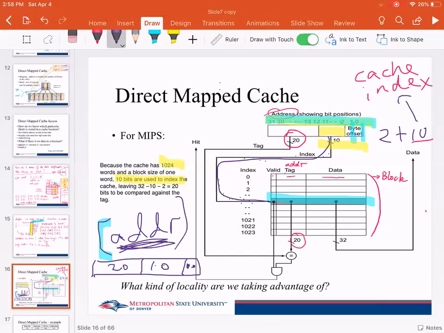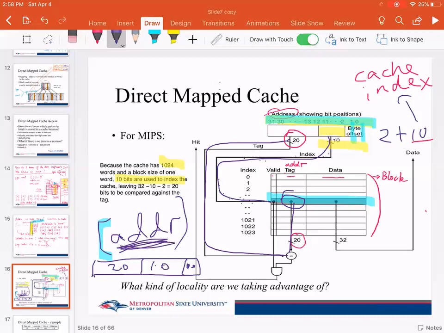I check by looking at the address. What is stored as the address? It is the tag. I take the tag, which is the 20 bits, and compare it with the higher 20 bits of my address.